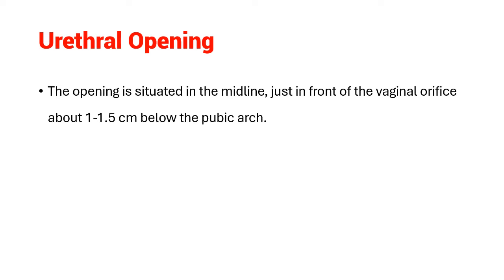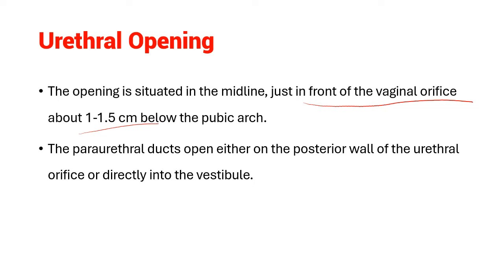Urethral opening, part of the vestibule. The opening is situated in the middle, just in front of the vaginal orifice, about 1 to 1.5 centimeters below the pubic arc. The paraurethral ducts open into the vestibule near the urethral orifice.